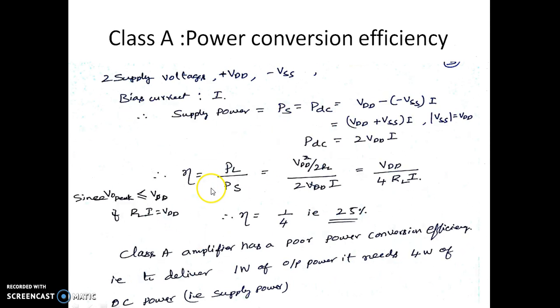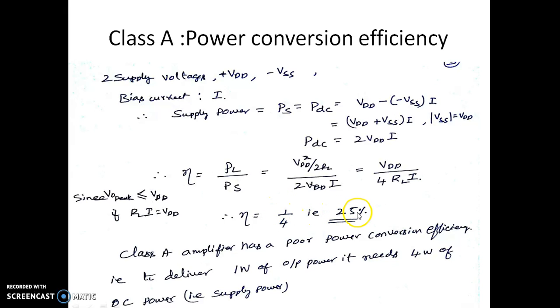The output voltage cannot be more than VDD. So the maximum output voltage, RL into I, is nothing but VDD. So we can substitute RL into I as equal to VDD, then this VDD and this VDD will go off. So we are left with efficiency equal to 1 by 4.